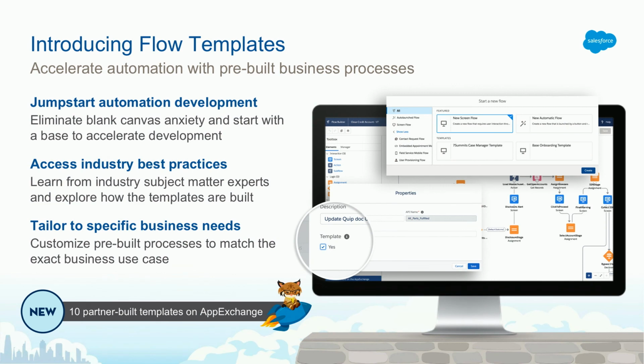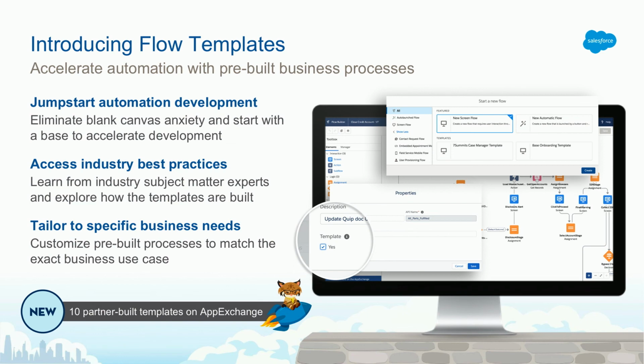And since there's so many different ways that you can build these different business logic, we are now introducing flow templates. Flow templates is a way for you to build that pre-built business logic and business processes, so you can jumpstart building your automation so you don't have to start from scratch.